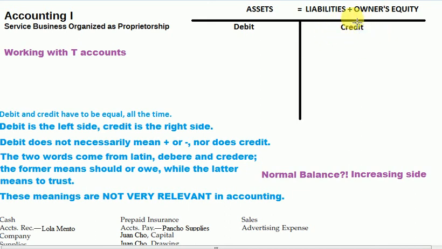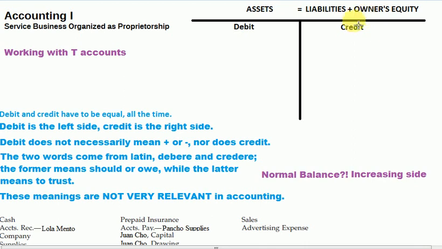So when the owner's equity increases, it is said to be credited. However, we need some other accounts to make it increase or decrease.